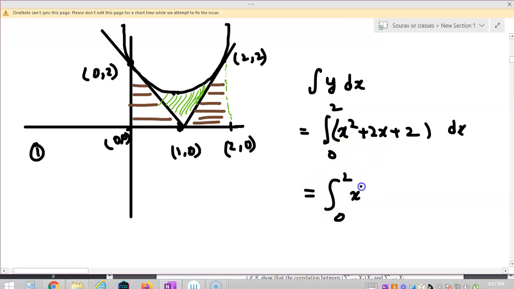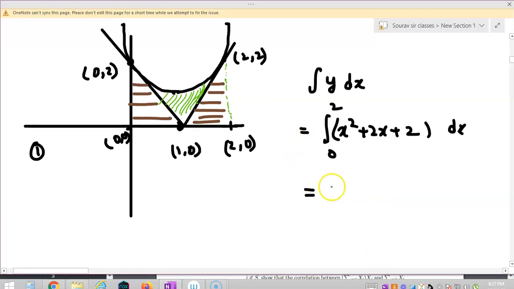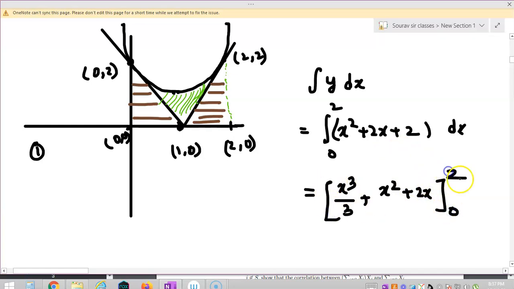So I can integrate it in this line: it will be x cube by 3 plus x square plus 2x, from 0 to 2.